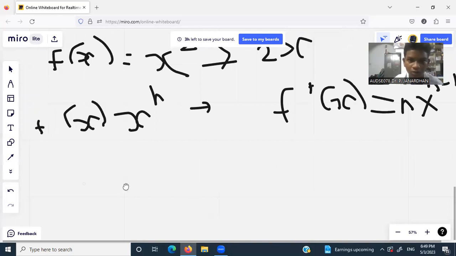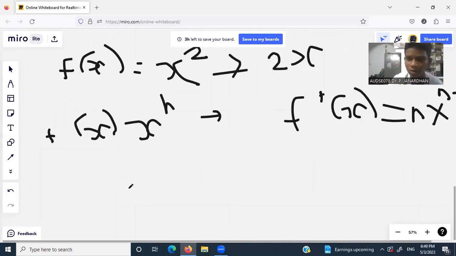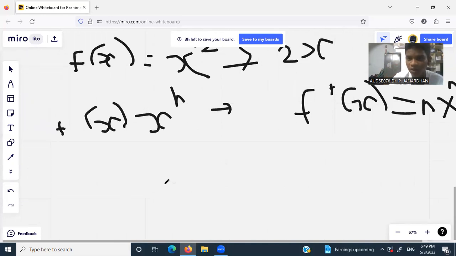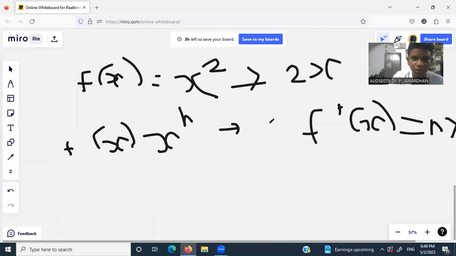This is called the power rule, and we are going to use this rule to calculate the derivative of the loss function, the mean squared error loss function that we defined in the past few videos. We are going to use this rule to calculate the final derivative of the loss function with respect to the output.